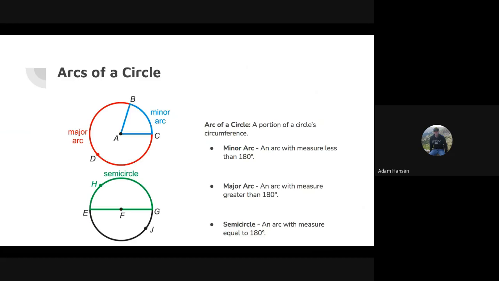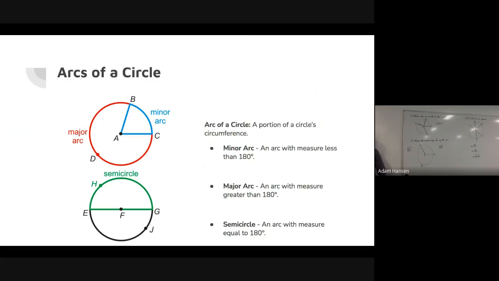I can classify an arc as a minor arc, major arc, or semicircle, based off how much of the circle that arc represents. A minor arc is an arc whose measure is less than 180 degrees. This arc BC is less than 180 degrees.